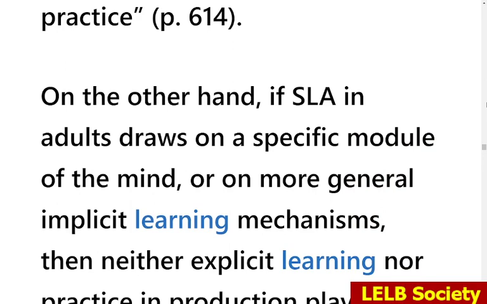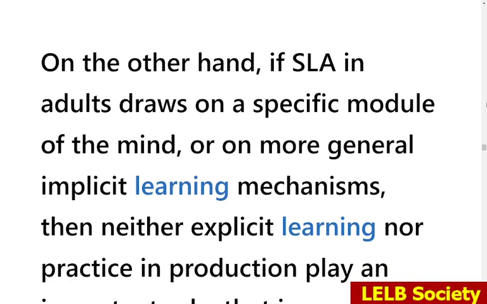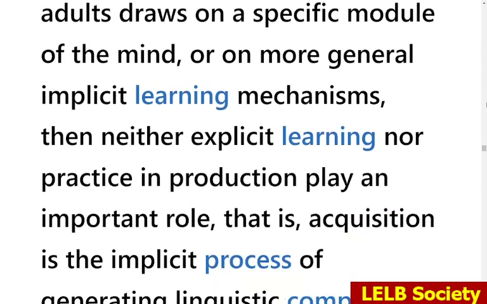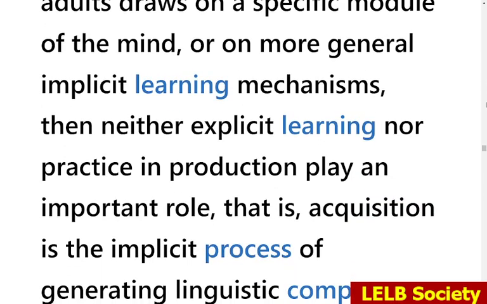On the other hand, if SLA in adults draws on a specific module of the mind or on more general implicit learning mechanisms, then neither explicit learning nor practice in production plays an important role.